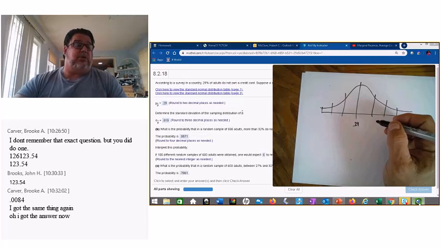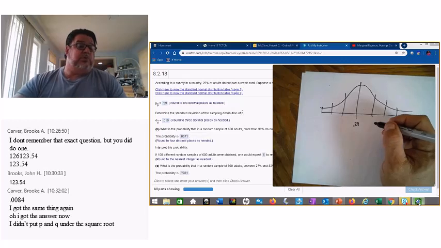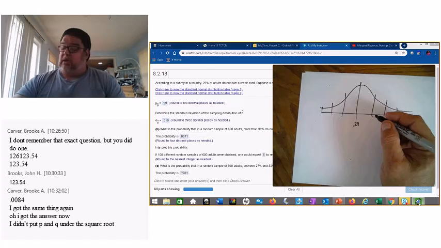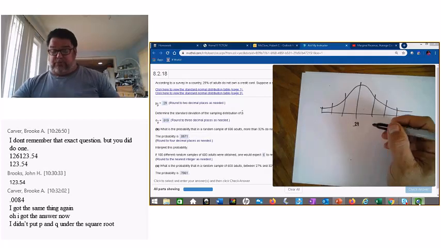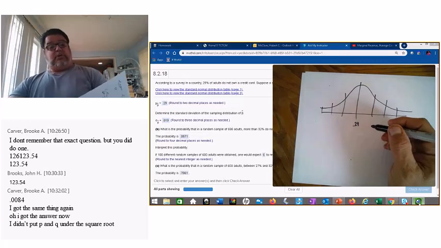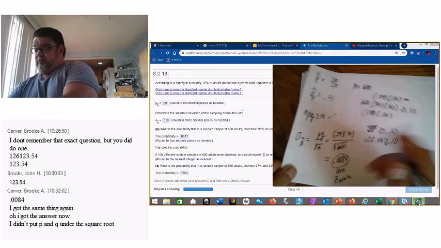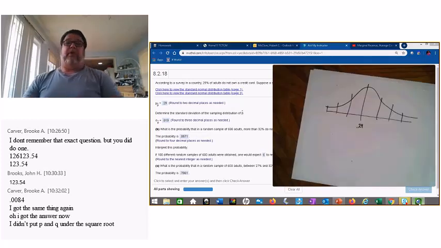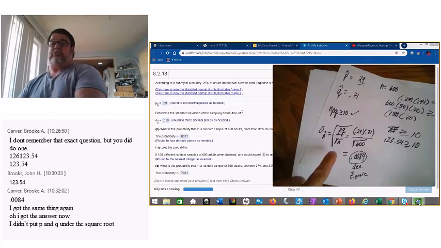You got the answer now. Okay, good. So it's the whole thing, square root. I must have written it down wrong. I'm sorry, my bad. I didn't write the square root symbol.